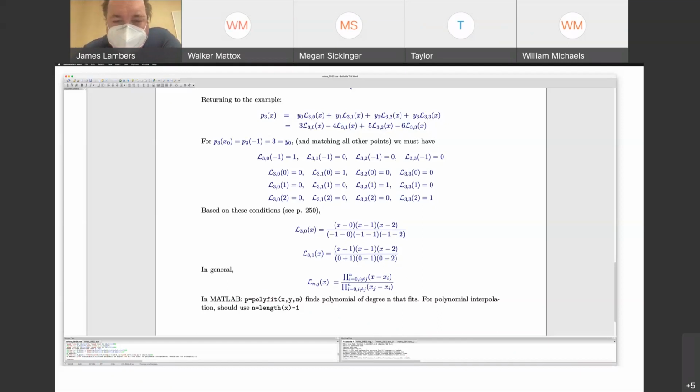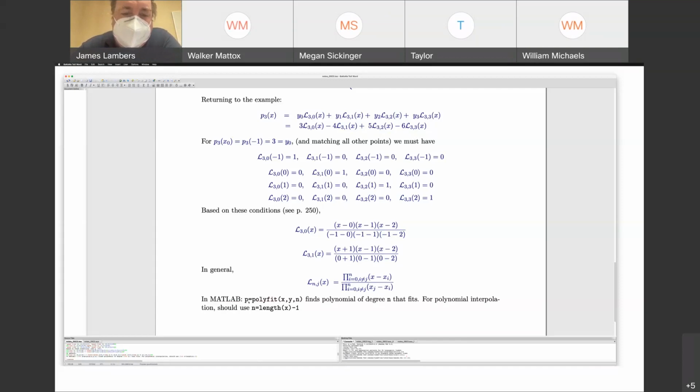So the degree would be n with the assumption that x and y have length n plus 1. And remember from the MATLAB tutorial, polynomials are represented in MATLAB as a row vector of the coefficients from highest degree to lowest. And that's what will be returned here. So it'll return the coefficients of that interpolating polynomial in power form.